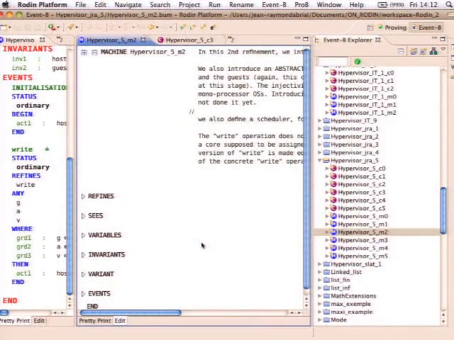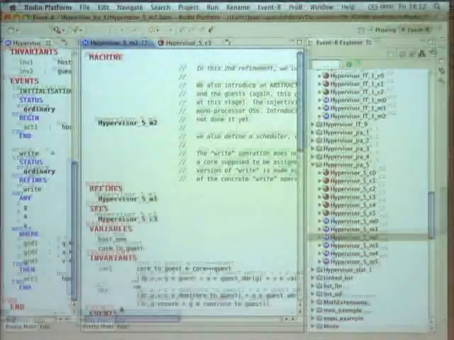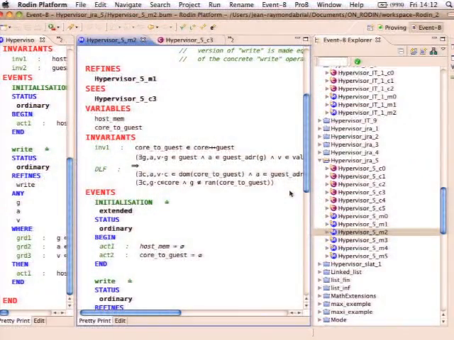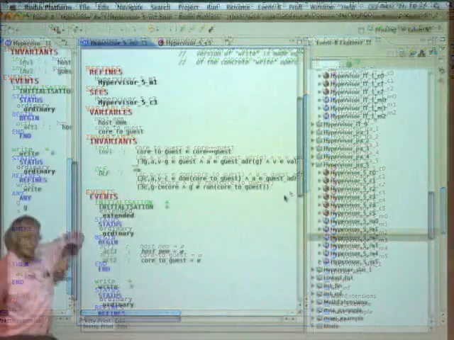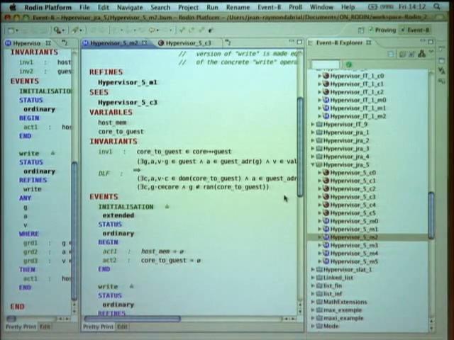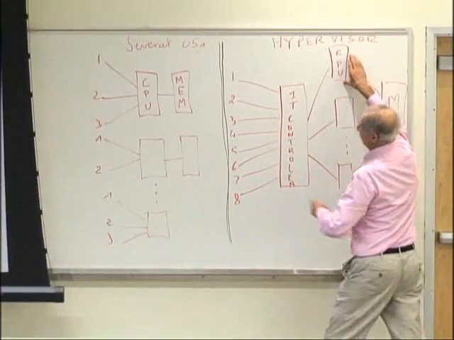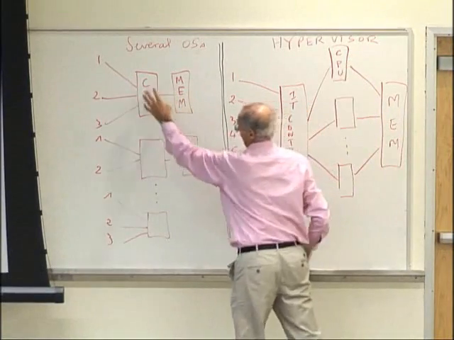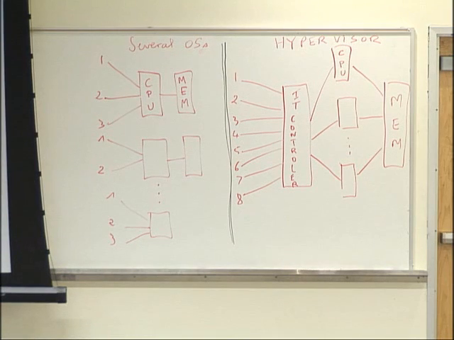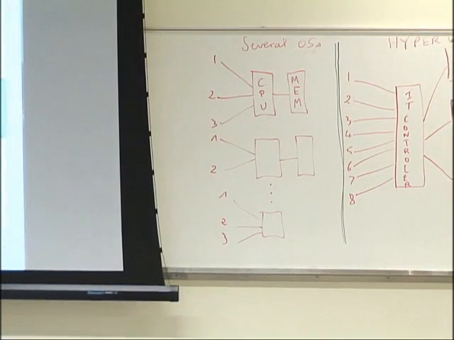So M2 is defining a new variable called core to guest. It's a partial injection again between core and guest, and in fact the CPU of the guest, because we suppose that the guests are uniprocessor.